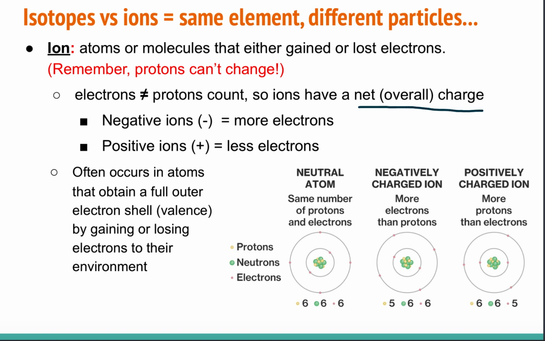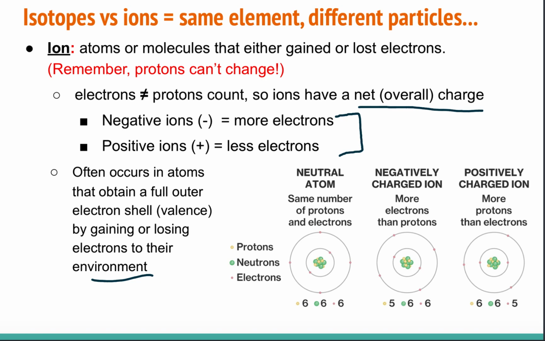Because the proton number can't change, that fundamentally means the electron number has changed. That's pretty straightforward. The biggest thing with ions that we're going to get to in a little bit is that oftentimes these ions are common in instances where an atom has to gain or lose electrons in order to achieve stability.